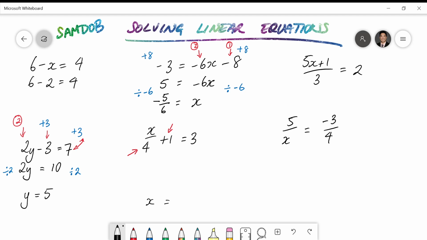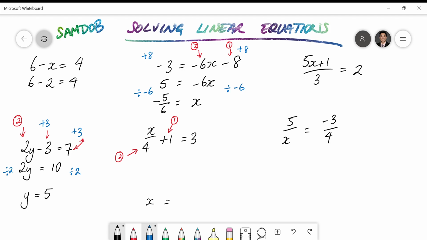So remember, revert back to SAMDOB, and in this case we want to get rid of the 1 because that's your subtraction or addition. So let me just re-emphasize that this is your first step and the 4 is your second step.